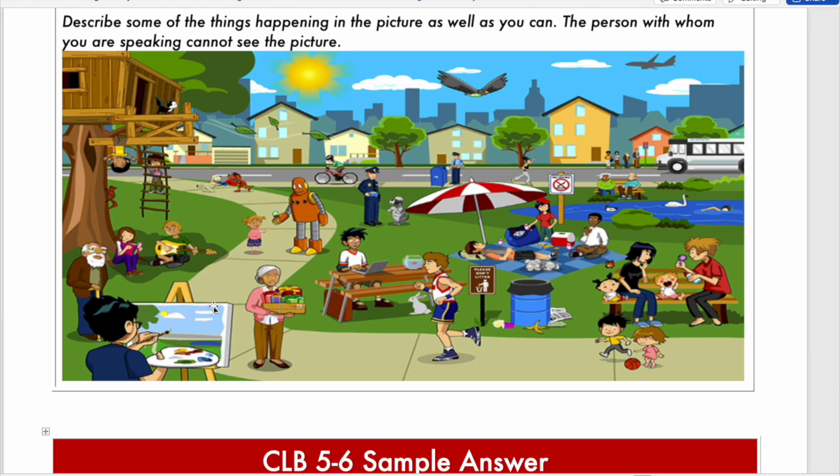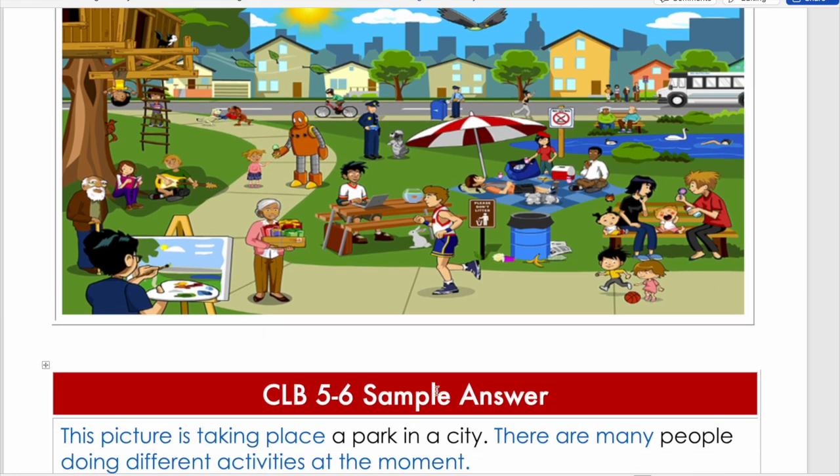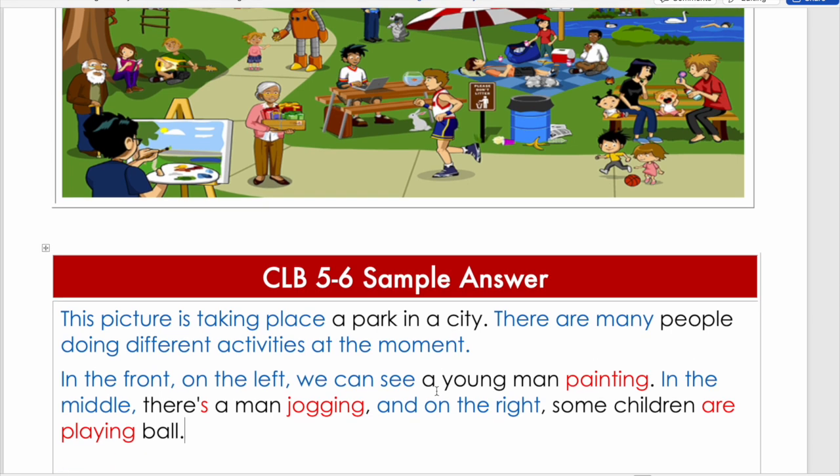We need to cover the front, the center, and the back. Especially for 5, 6, for lower levels, if you spend too much time trying to describe everything, you won't complete it. So it's better just to pick some ideas and do that.